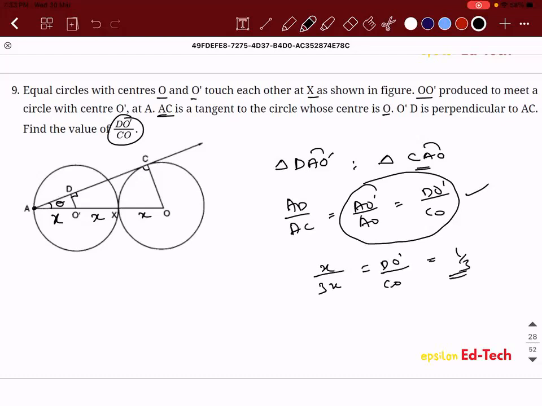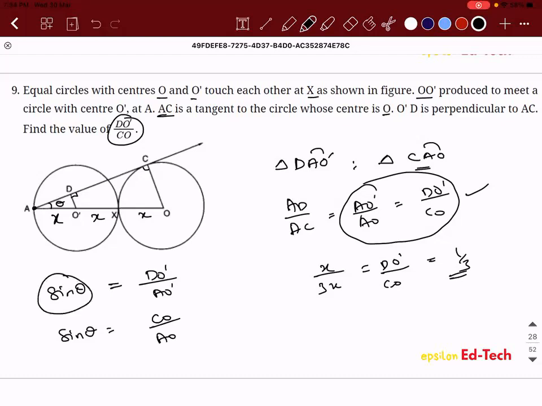Very good. That's it. Guys, did everyone understand? So this is one way. So you solved it using similarity, right? If at all you don't get the idea, you can always take the right angle triangle and do it also. So suppose I take sine theta is equal to DO dash divided by AO dash, correct? Similarly, sine theta from the bigger triangle is CO divided by AO.